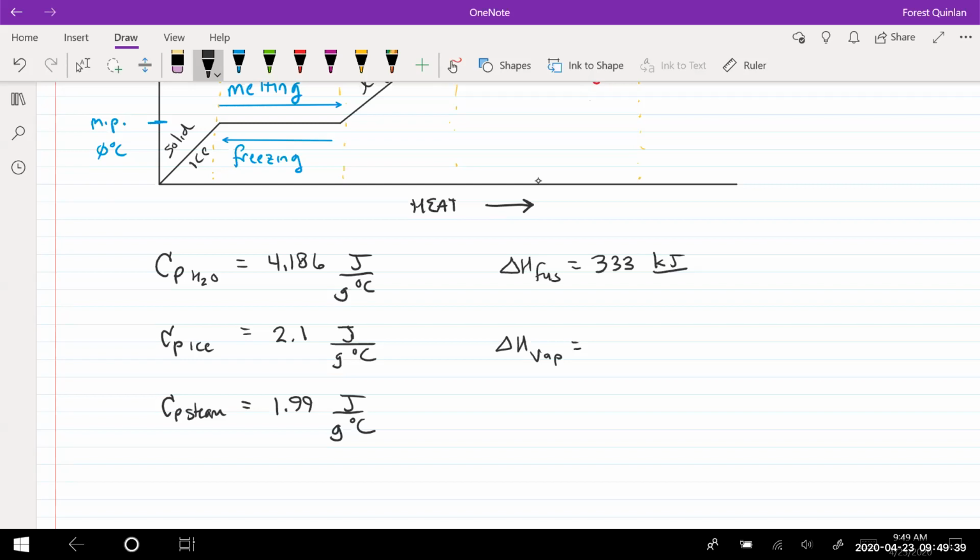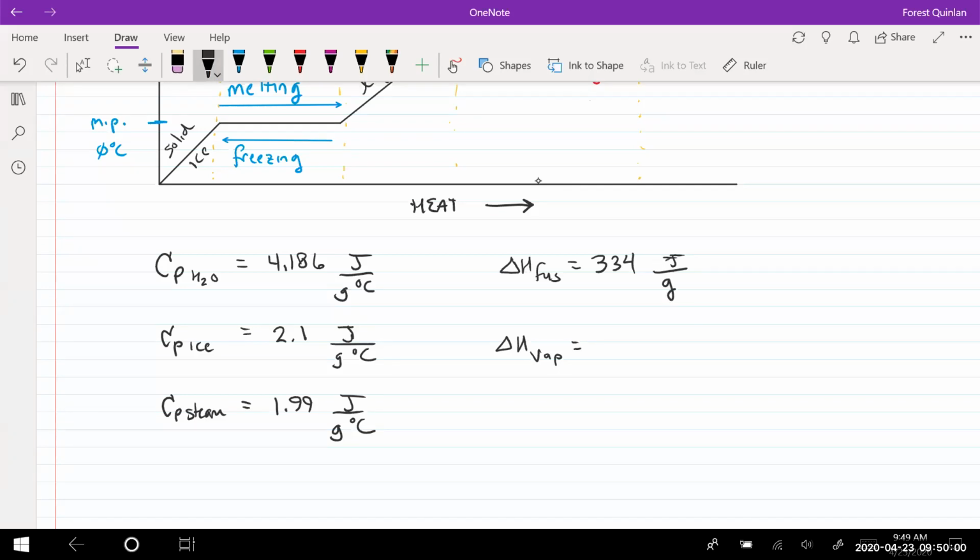So I punched my number wrong. 334 joules per gram, not kilojoules.